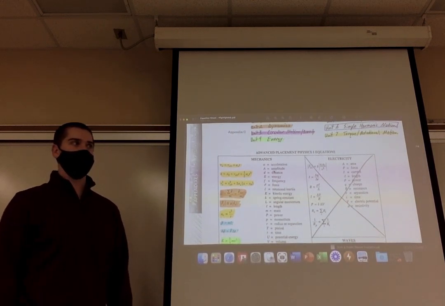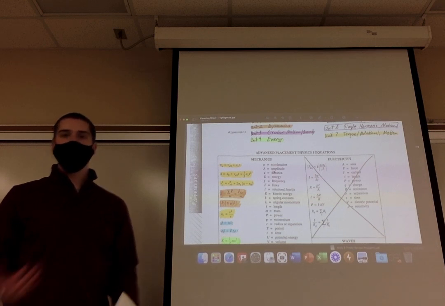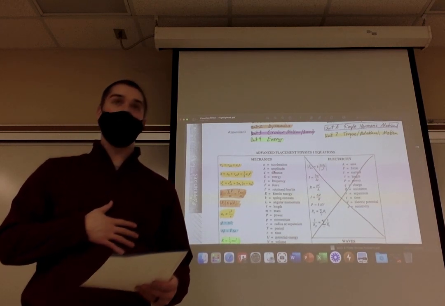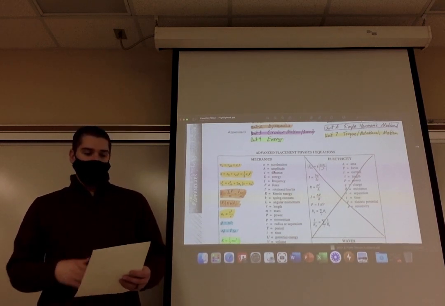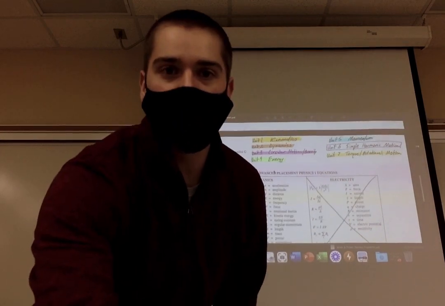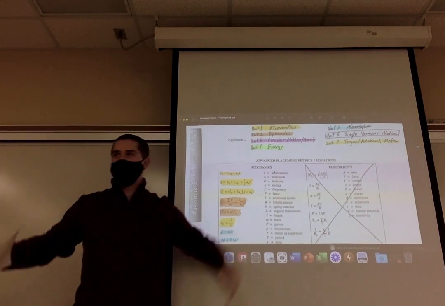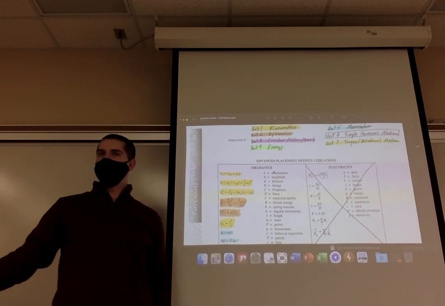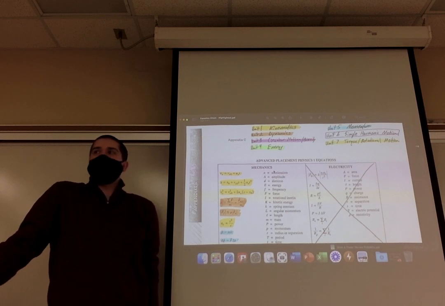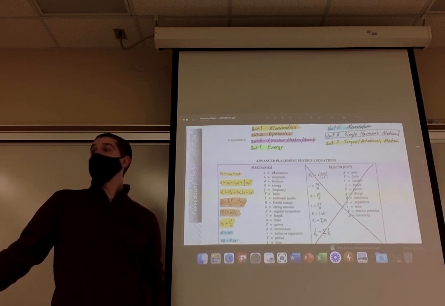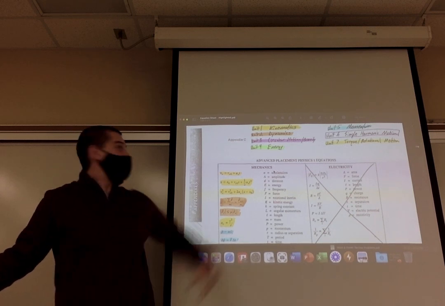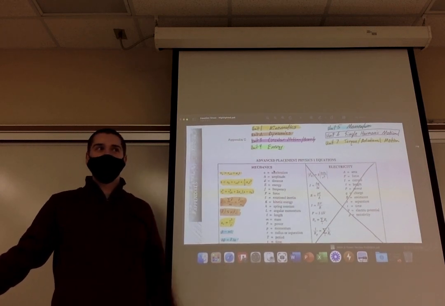Unit 2, I put in orange. Can anybody summarize what dynamics is? What was dynamics? Force. That's actually a good summary. Kinematics with forces. Dynamics was looking at motion, kinematics, but thinking about the forces behind it.